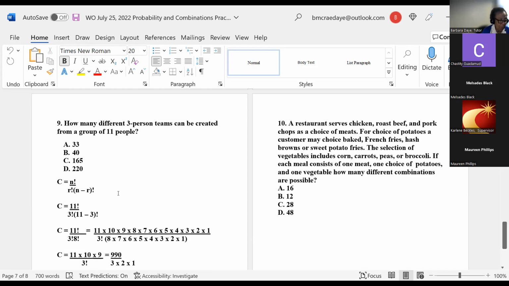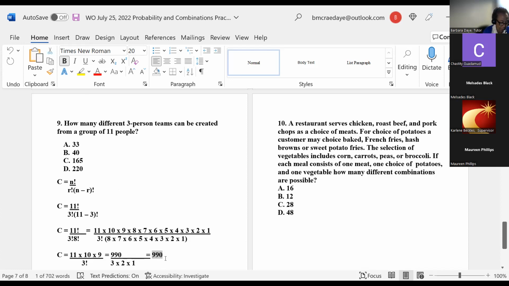That's 6. What's 990 divided by 6? 165. What do you get, Mercedes? 165. That's answer what? See, C. That's it. That's your answer.